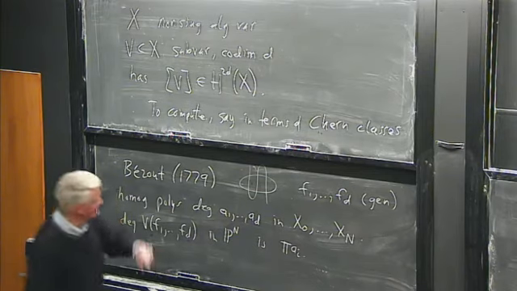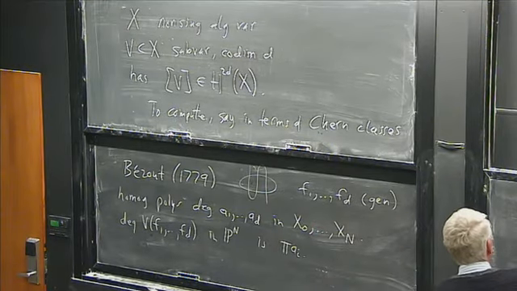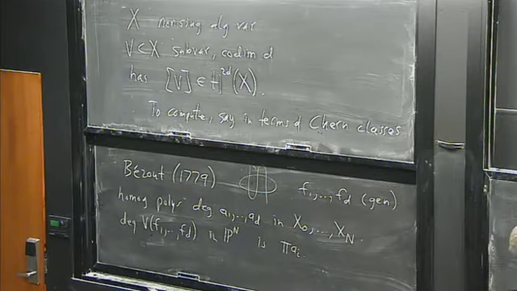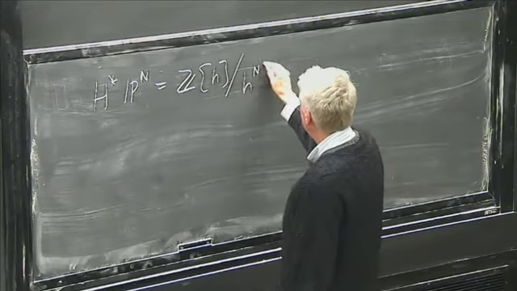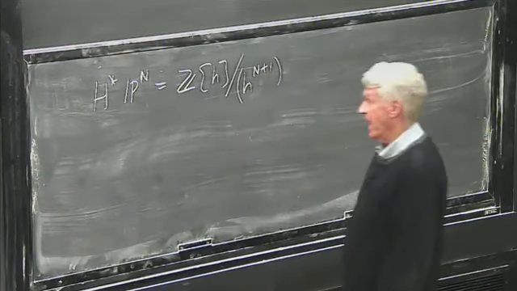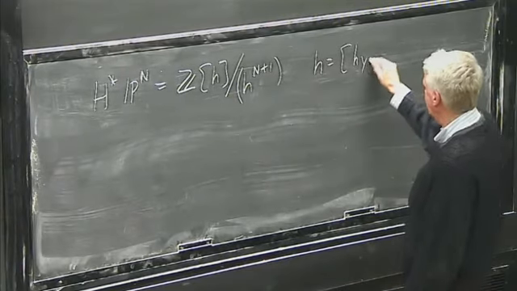So let's say it in modern terms. What we would say is that the cohomology of projective space is a polynomial ring in a variable h, where h^(n+1) is equal to 0. And h, in fact, is the class of a hyperplane.